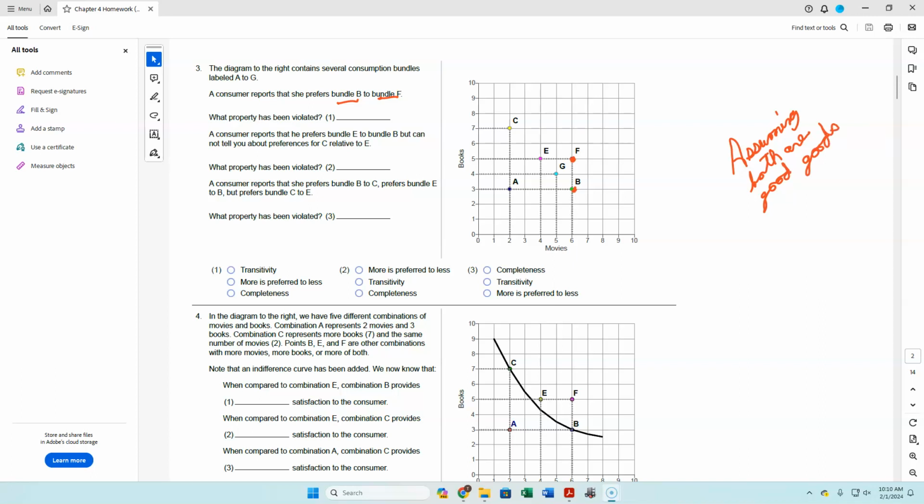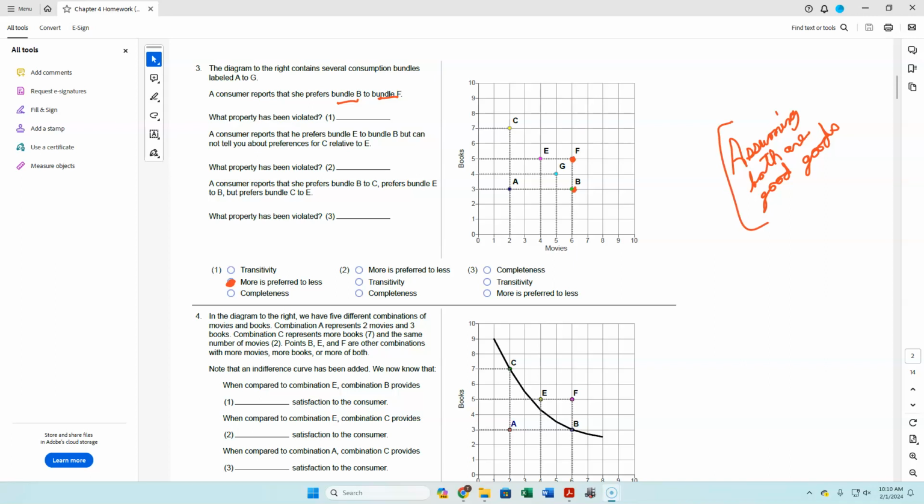Assuming that both of these goods are good goods, meaning they're both positively contributing, you could not prefer B to F because, in essence, more is always preferred to less. You always want more, and F has more books than B, presuming that everything is good goods.